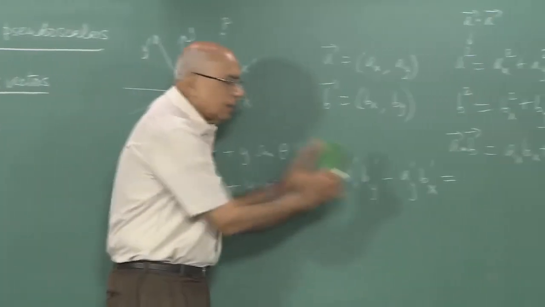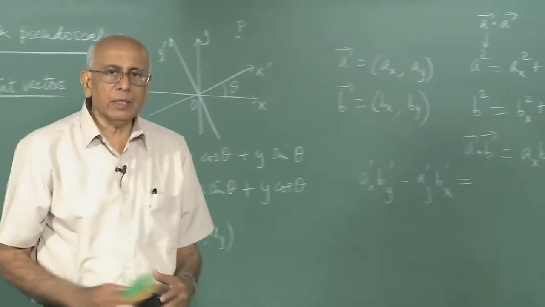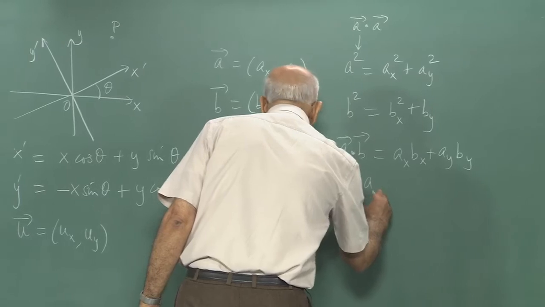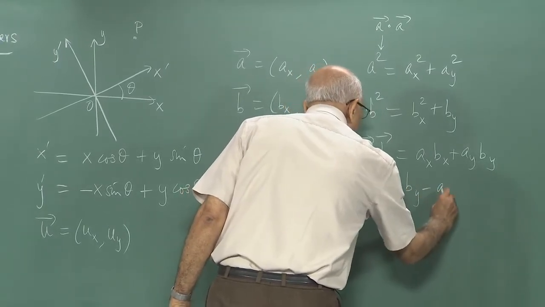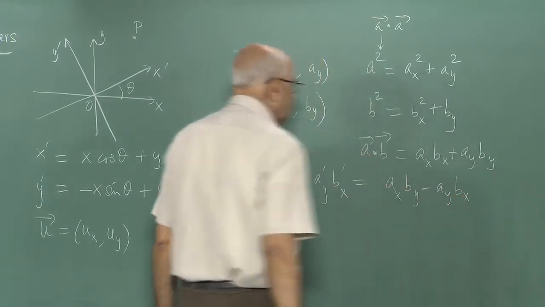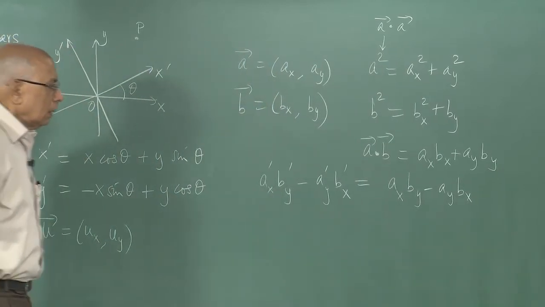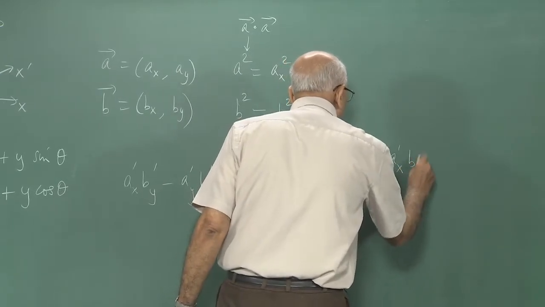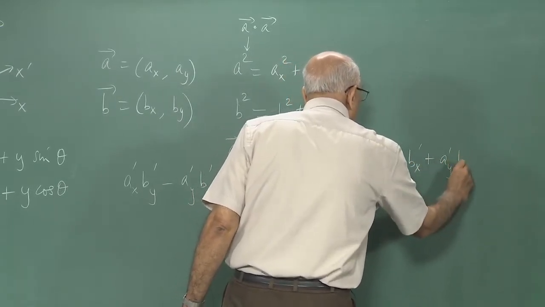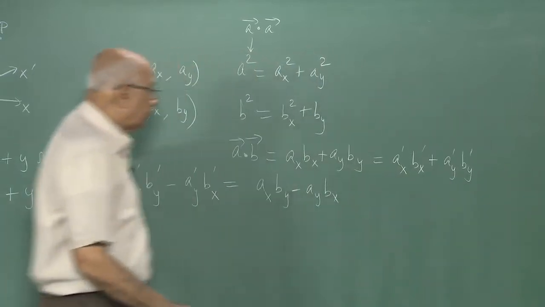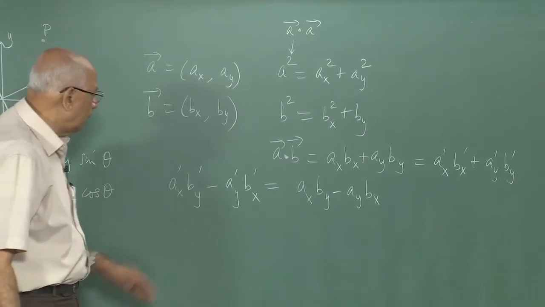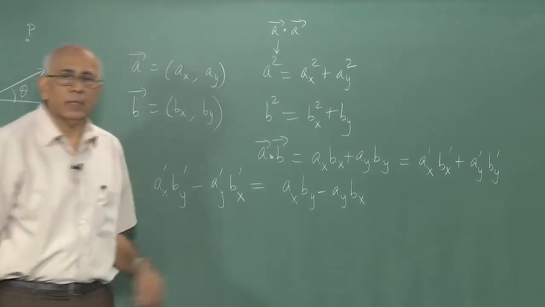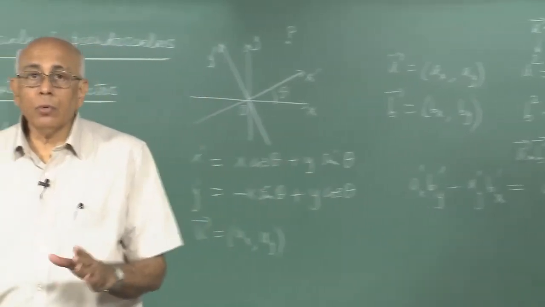Put that all inside this and do the simplification, and it is a simple exercise to show that this will turn out to be equal to ax by minus ay bx. So just as this quantity was equal to ax prime bx prime plus ay prime by prime, in exactly the same way, this antisymmetric combination also remains unchanged under rotations, and therefore we would call it a scalar.